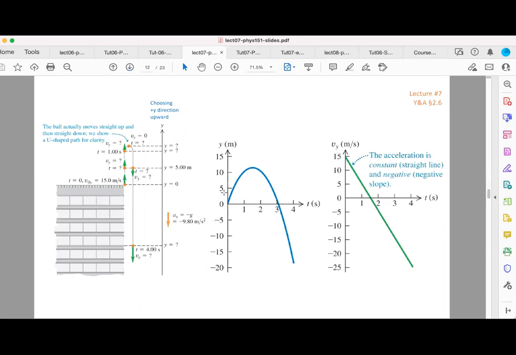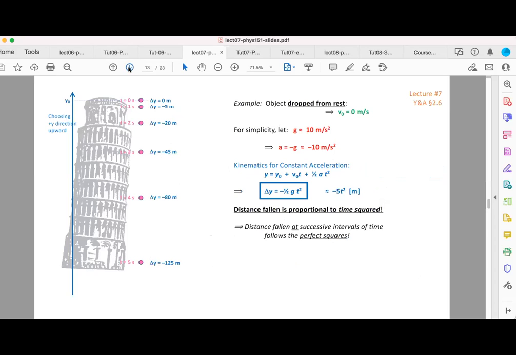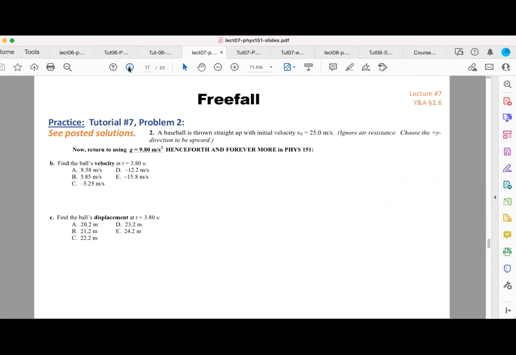If we look here, we see 0 is the initial position. After 3 seconds, we are again here, at y equal to 0. And after that, it goes down below the building. And so this is the graph of the velocity. The graph of the acceleration, we know, is going to be constant the whole time, so I don't go through this.